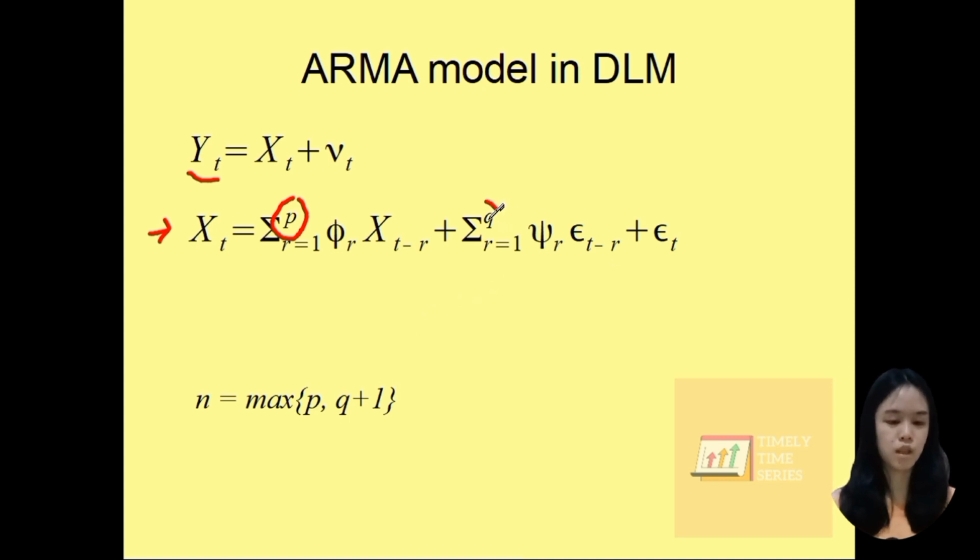Let's say that we want to take Q innovations. Innovation is another name for error. And then lastly, we add the error or the innovation at time t.